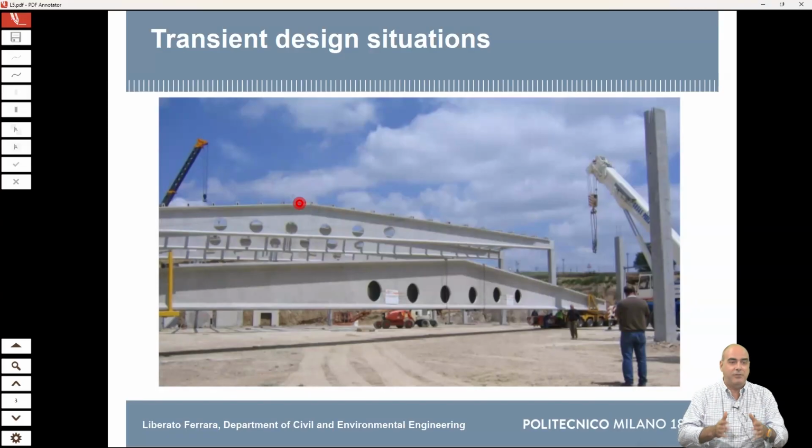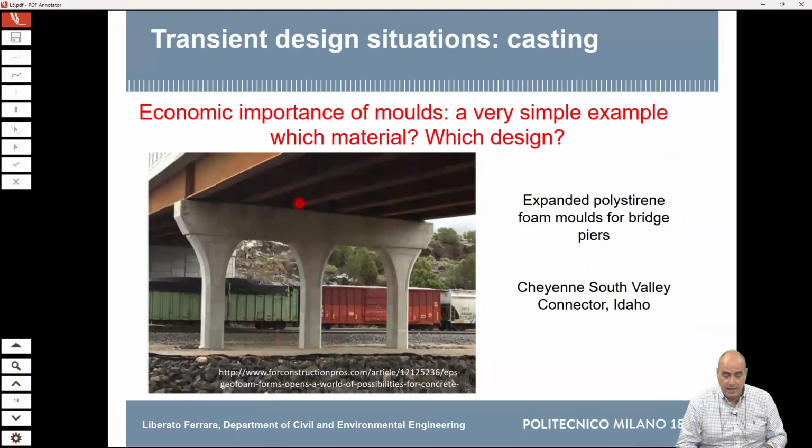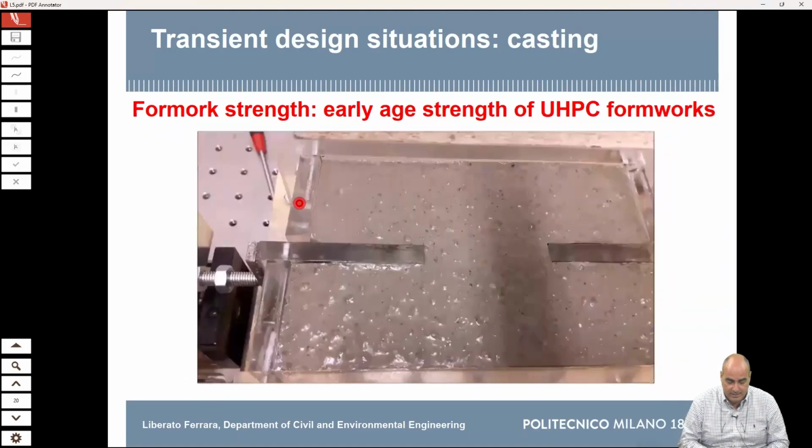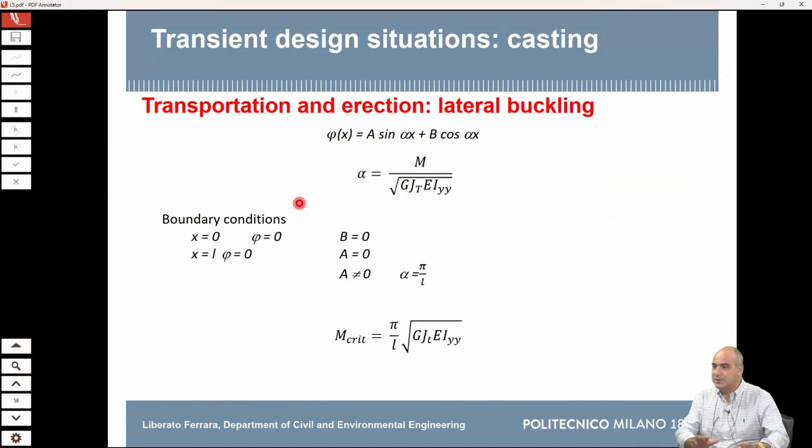So it's a failure from the structural point of view, okay? But the consequence is not only the loss of a beam, okay? It's economic loss, the delay, and so on, can also be serious. So this is an extremely delicate situation that you have to take care of. And this formula here is very, very simple.